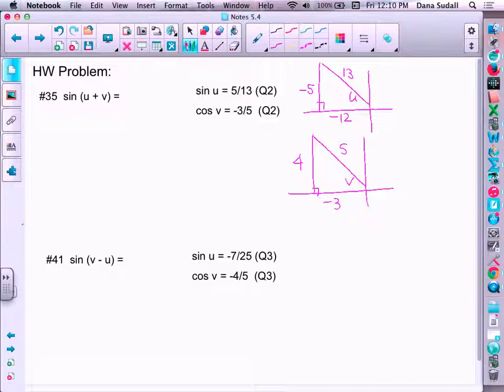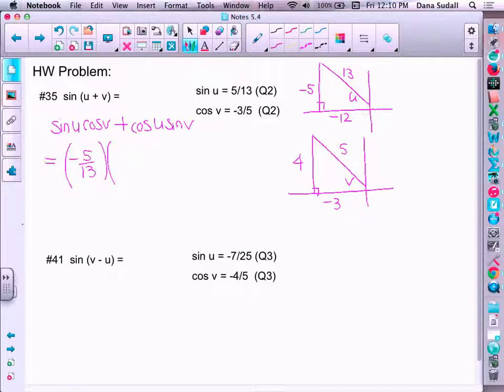So sine of U plus V is going to be sine of the first, cosine of the second, plus cosine of the first, sine of the second. If you fill in your ratios then, the sine for angle U is negative 5 over 13.